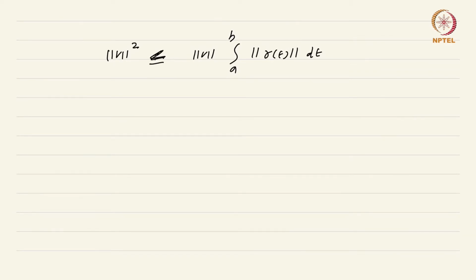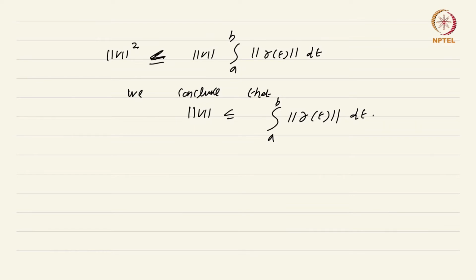So the net conclusion is we conclude that norm v is less than or equal to integral a to b norm gamma of t dt. Okay, and here we could cancel simply because norm v is assumed to be non-zero.